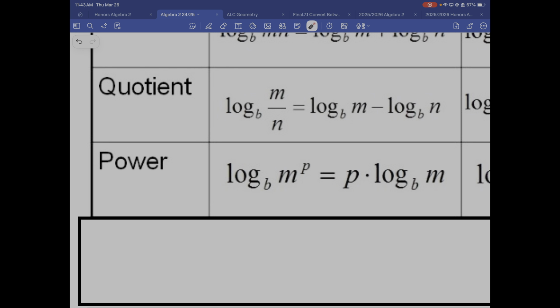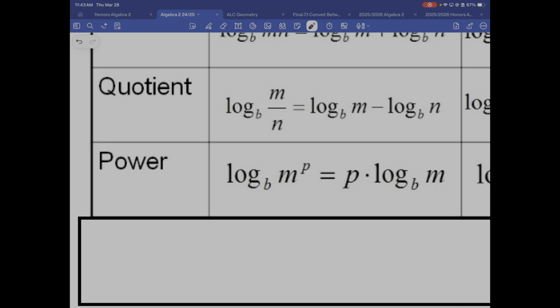Those are equivalent statements to each other. And mathematically, if you think about it, if this was a 2, I would have log base b of m plus log base b of m. Well, I've got 2 log base b of m's. So I think mathematically it works, makes sense.